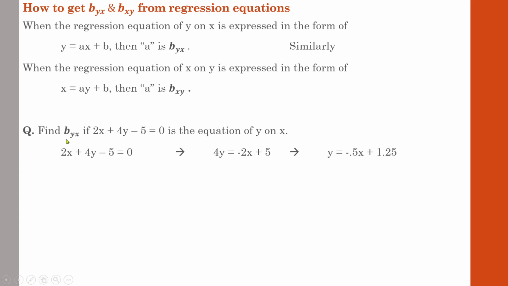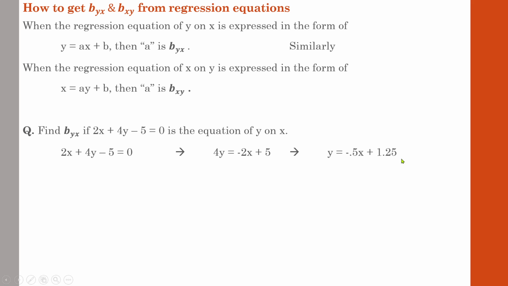This is a case of finding byx, and for finding byx we will be using the equation y equal to ax plus b. So for y equal to minus 2x plus 5 over 4, please simplify it. If you shift the 4 to the denominator, that is minus 2x plus 5 divided by 4, it can be simplified as y equal to minus 0.5x plus 1.25.